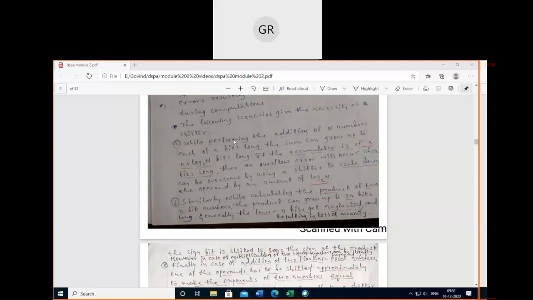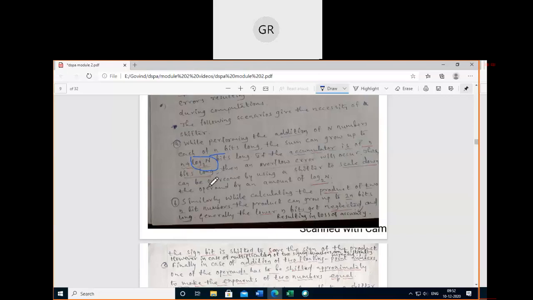While performing the addition of n numbers, each of n bits long, the sum can grow up to n plus log n with base 2. The actual size is n, and there is an excess over this when we do the addition. If the accumulator is n bits long, then an overflow error will occur.